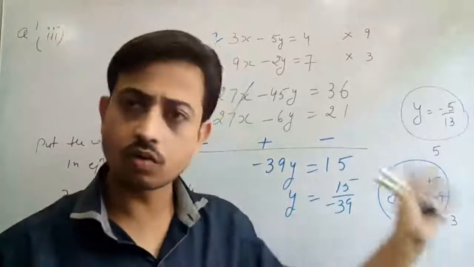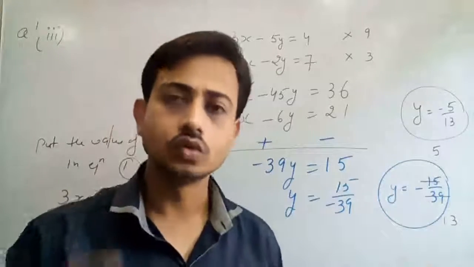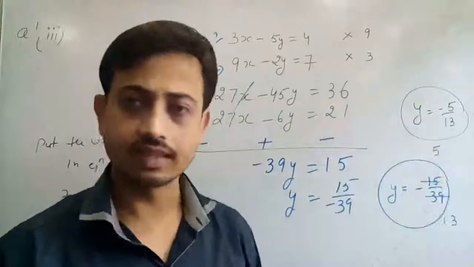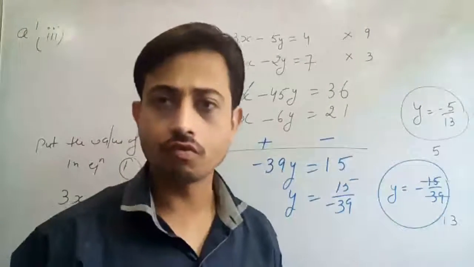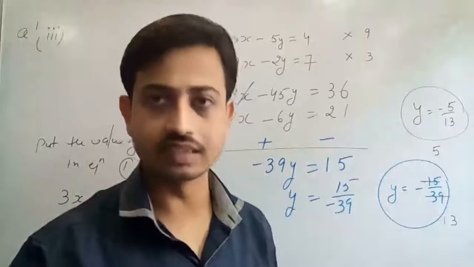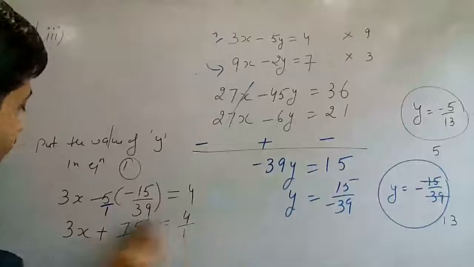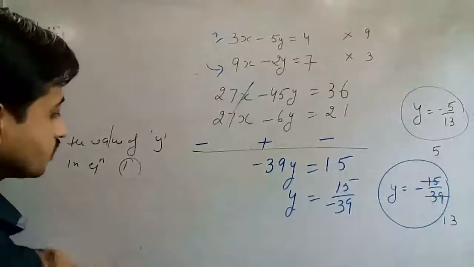If the term is cancelled out in numerator and denominator, you do that first. So we get y is minus 5 by 13. It makes calculation faster and easier. I am rubbing this part because it also makes the calculation easy.